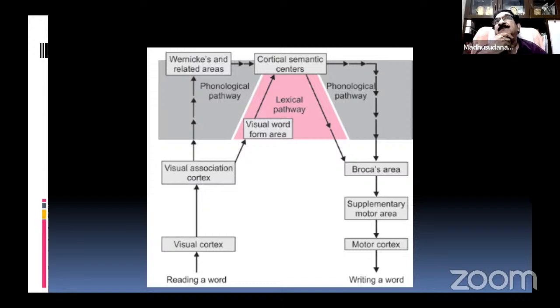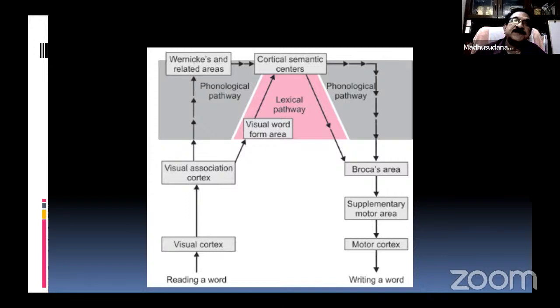For example, if we want to read, say, kernel, spelled C-O-L-O-N-E-L, this is how I read with the phonological pathway: C-O, co; L-O, colo; N-E, colone; L, colonel. Actually, it should be read as kernel.